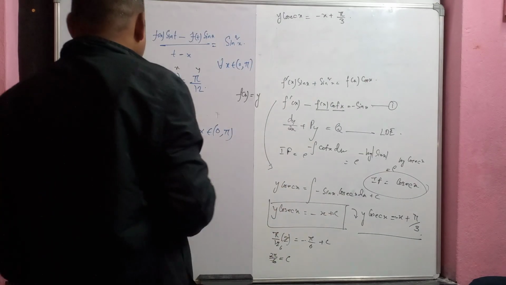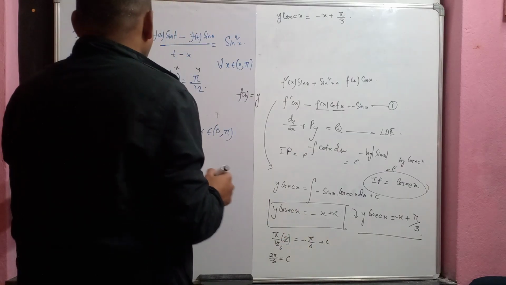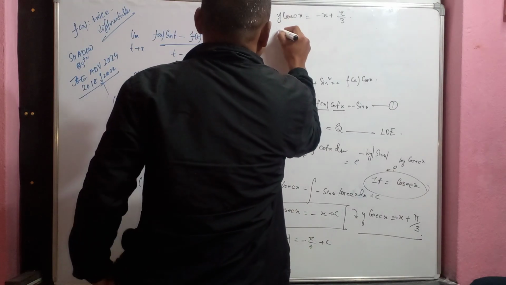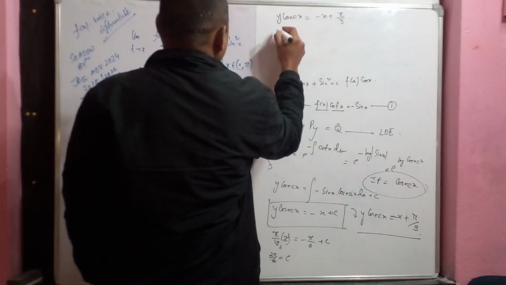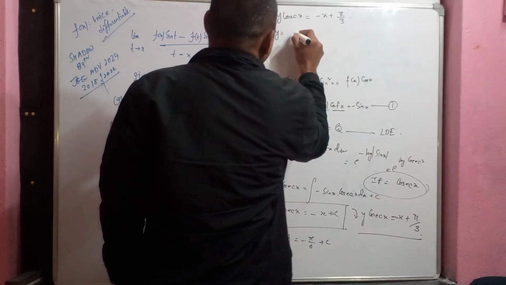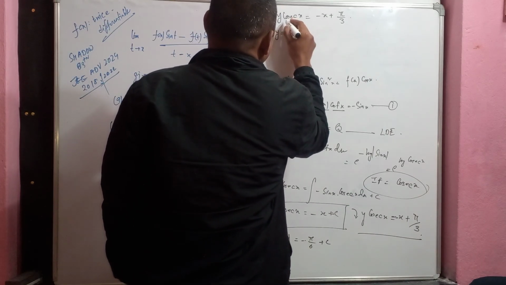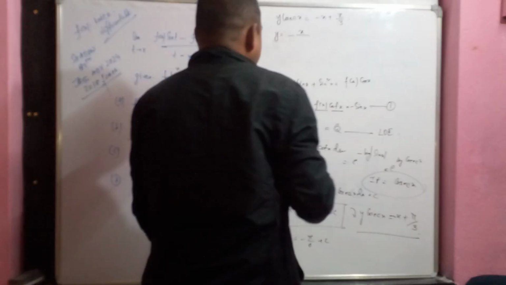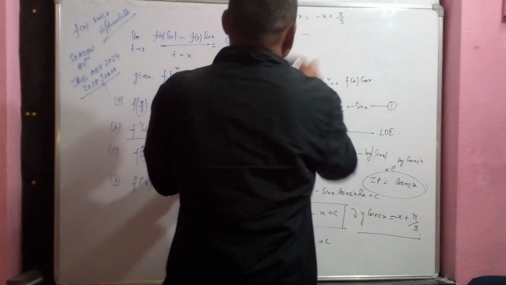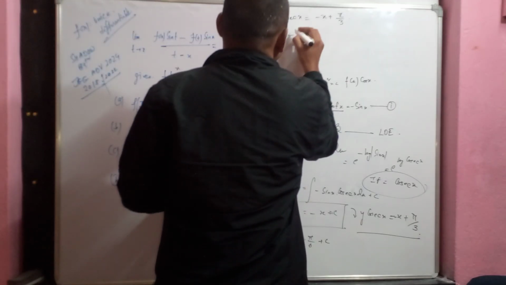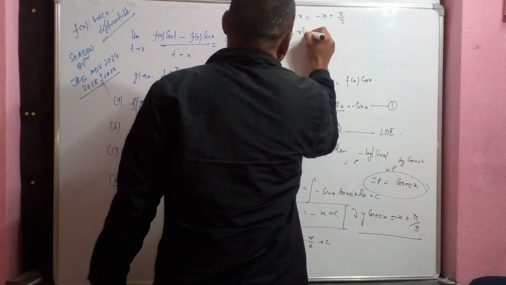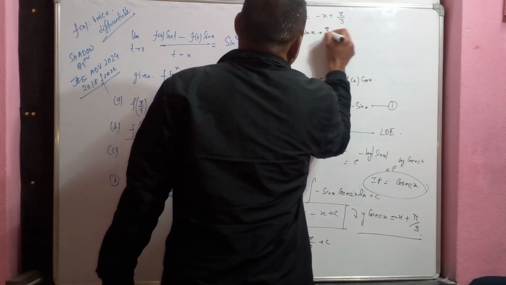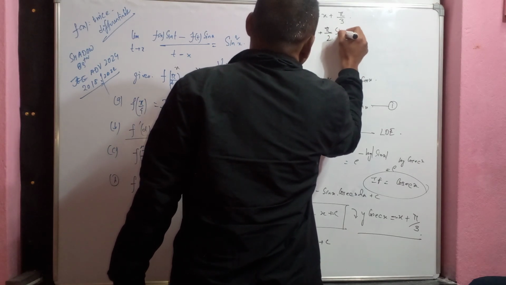Now check y of pi by 4. So y is equal to minus x, this is y sin x. So y is equal to minus x sin x plus pi by 3 sin x.